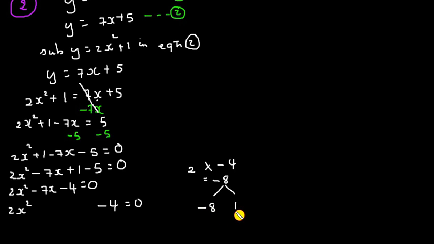A minus 8 by a positive 1 will give us a minus 8. Minus 8 plus 1 will give us minus 7. So, since these factors represent the coefficients of x, we write minus 8x plus x. And then we continue.